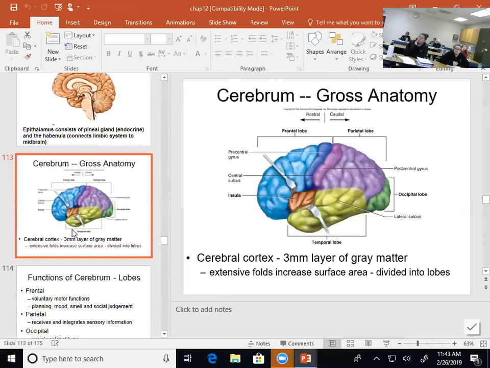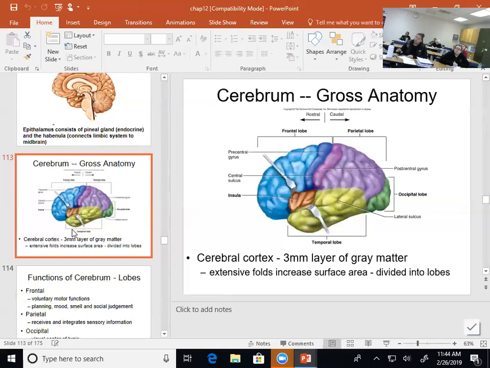We know that this is called the central sulcus here. It separates the frontal from the parietal. So all of this blue, violet, whatever that blue is, that's frontal lobe, isn't it?